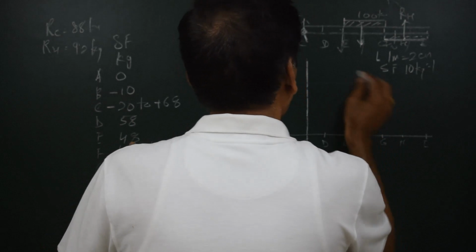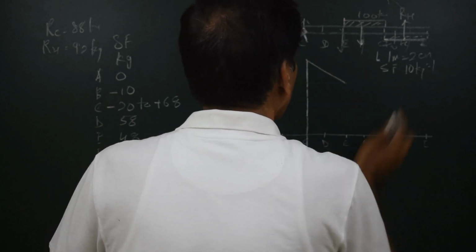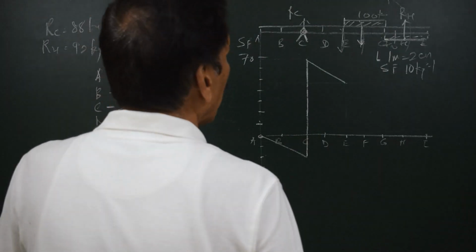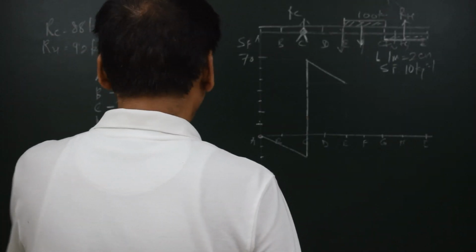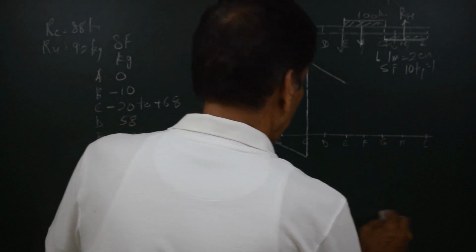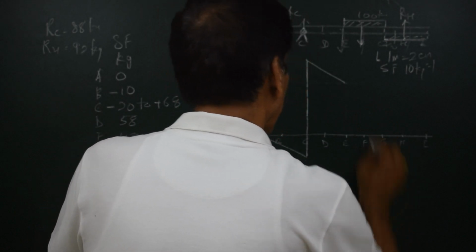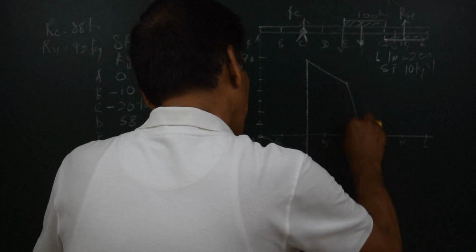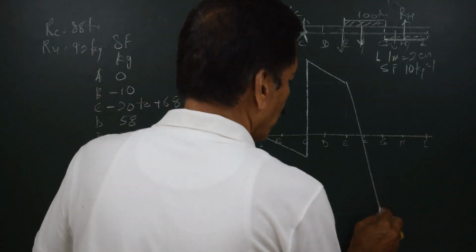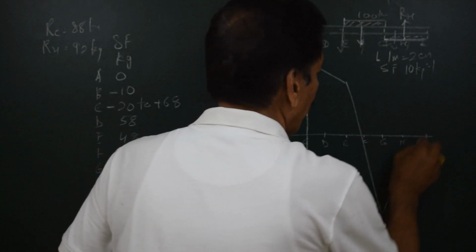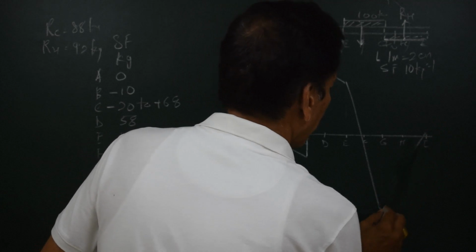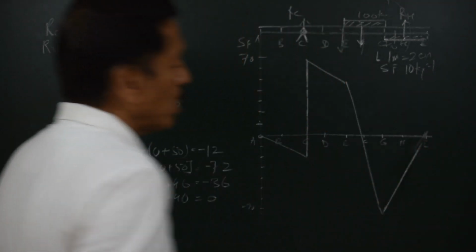This is the value at E. It comes this way, and at G the value becomes -72. That means the curve would come like this, and from here it rises to 0. So this is the shear force curve.